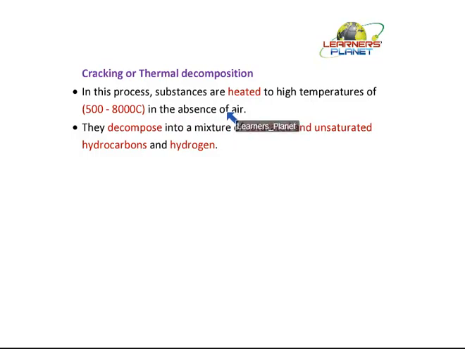So what happens then? They decompose into a mixture of saturated and unsaturated hydrocarbons and hydrogen. Okay? So what are they doing? They are decomposing into a mixture of saturated and unsaturated hydrocarbons.